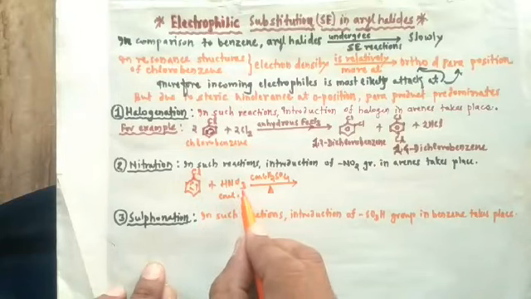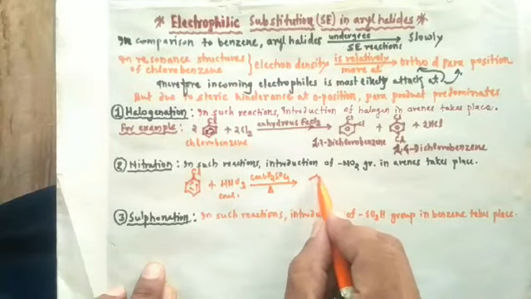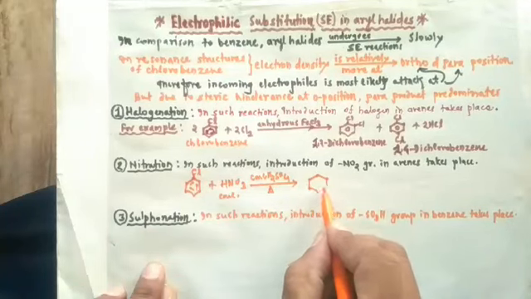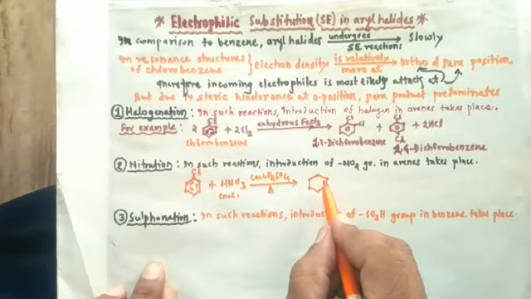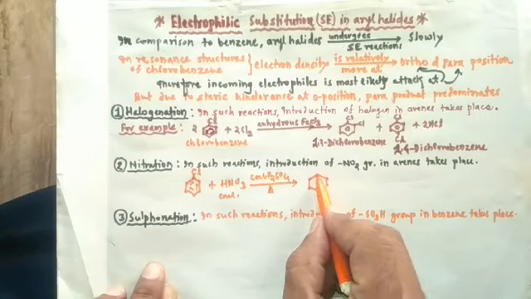So chlorobenzene on reacting with the nitrating mixture gives a mixture of ortho and para products.